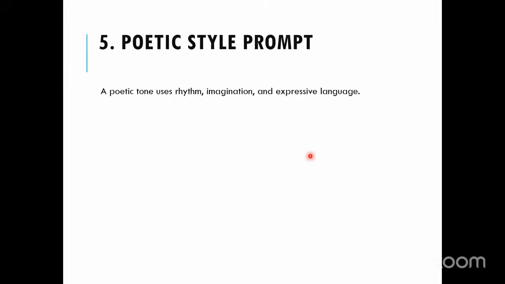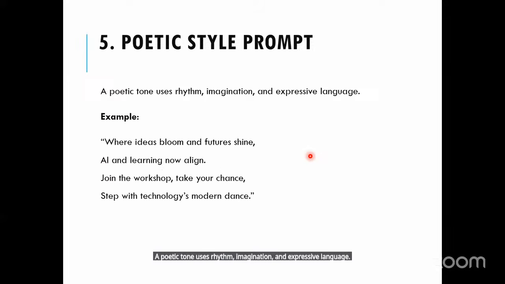So we just go to next. The next tone is poetic style prompt. A poetic tone uses rhythm, imagination, and expressive language. Let's see the example prompt for it. Where ideas bloom and future shine, AI and learning now align.